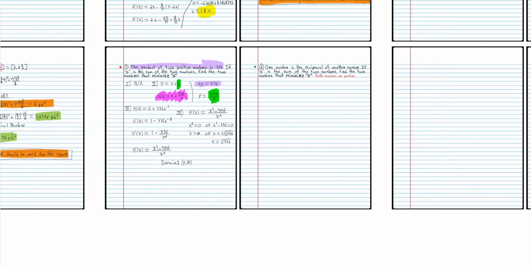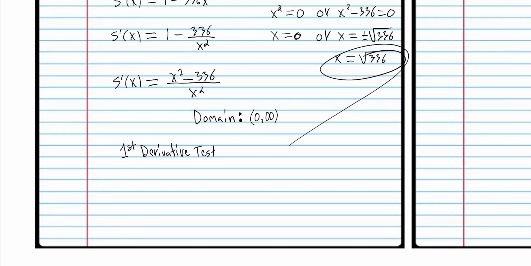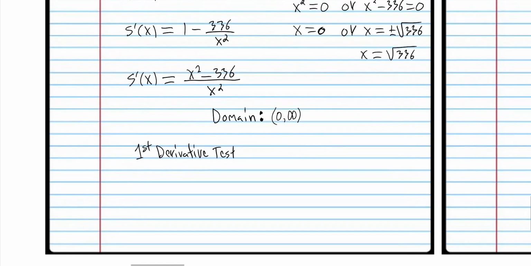So we need to use the first derivative test. The reason we need to use the first derivative test is because that makes sure that we're not accidentally finding a maximum value at our critical number. This is our critical number. And let's get an approximation for that number. That would be roughly 18.33. So we're going to test the derivative around that critical number.